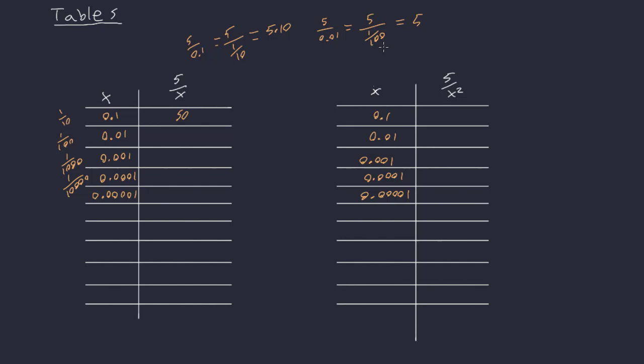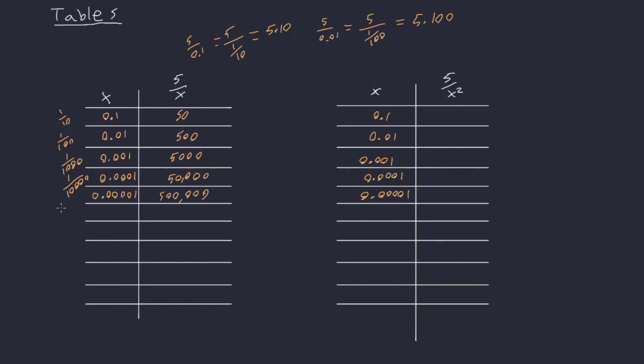So that's going to be, when we invert and multiply, 5 times 100. So that's going to be 500. Then following this pattern, we're going to get 5,000. Then we'll get 50,000, 500,000. And you could probably expect that if we added another 0 here, we'd be adding another 0 here.